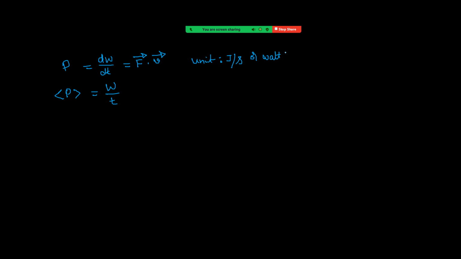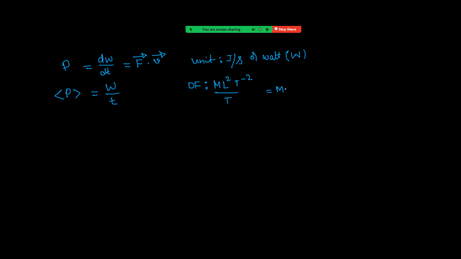So if you want to write the symbol, it must be capital W. And the dimension formula will be: work done is M L square T power minus 2, divided by time.